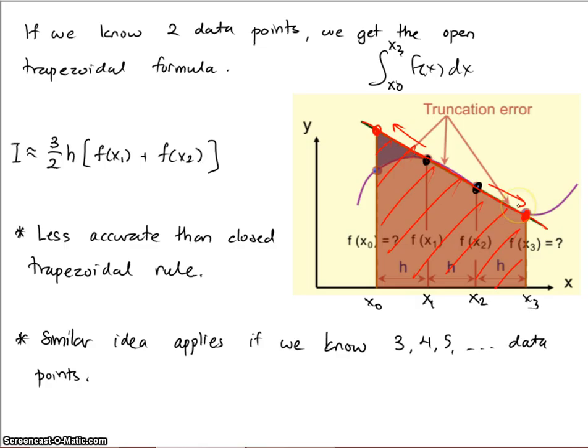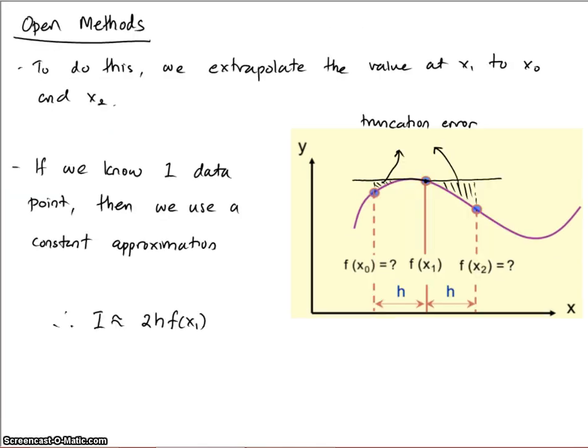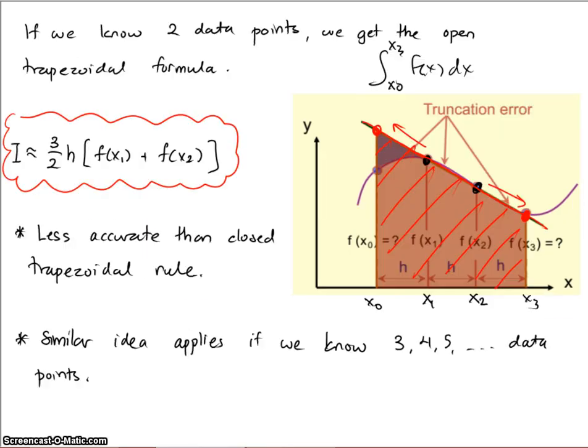This is a linear, or first order, extrapolation, and you will be able to show that the formula to calculate the area is given by 3/2 h times (f1 + f2). So for the case where you have one single point, this would be your formula. If you have 2 points, or in other words 3 sections 1, 2 and 3, then the formula would be given by this.